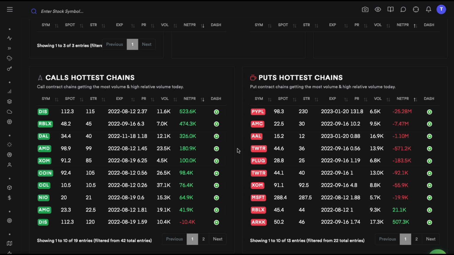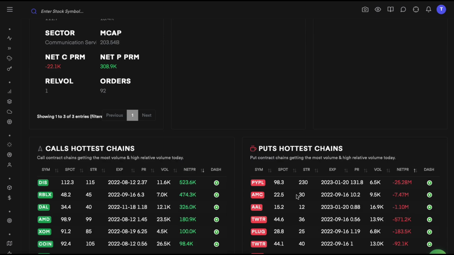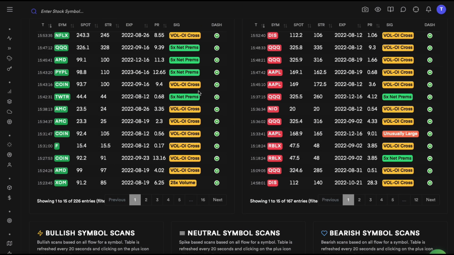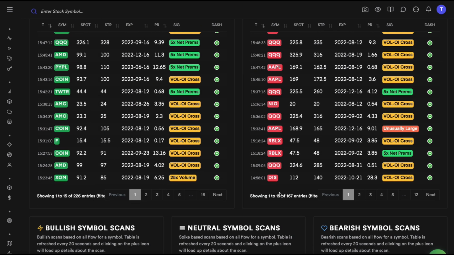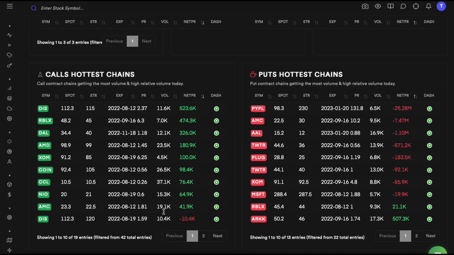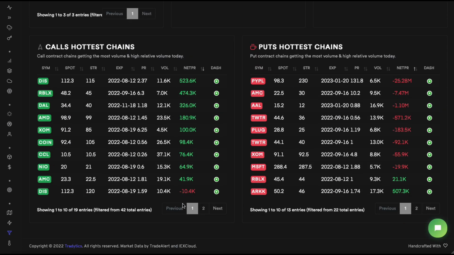This is a very useful table to see which contracts are the best tradable contracts, or which contracts you should consider as potential trade ideas. There is a lot of data that goes into these contract scans. So that's a good avenue to look for potential options plays and contracts that you can trade.